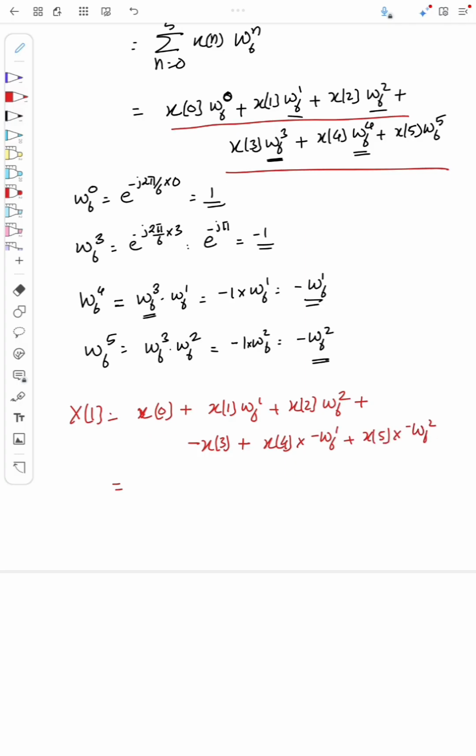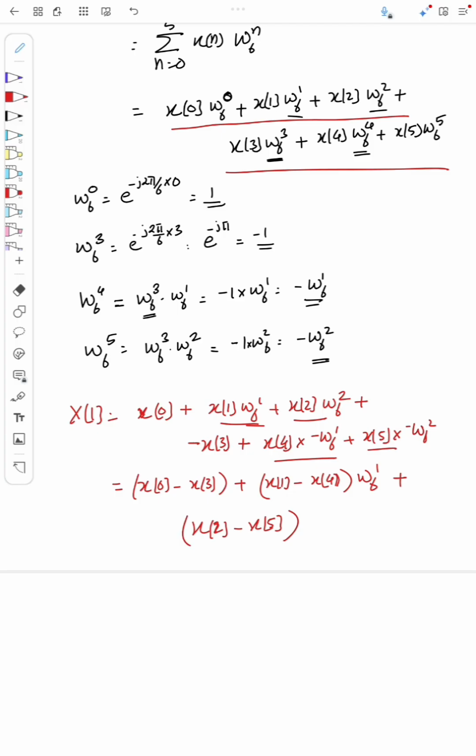So let us club these terms. I will get x of 0 minus x of 3, plus I can club these two terms, x of 1 minus x of 4 into W6 power 1, plus the rest of the terms, x of 2 minus x of 5 into W6 power 2. Right, so this will be x of 1.